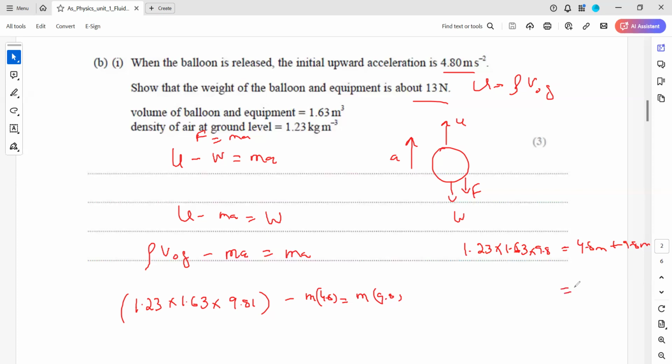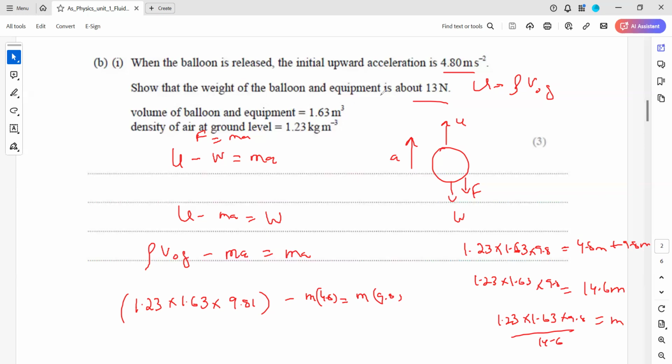So this will be 14.6 m, and this 1.23 times 1.63 times 9.8, and then this whole thing will go there in division. So 1.23 into 1.63 into 9.8 divided by 14.6. This will give us the m.